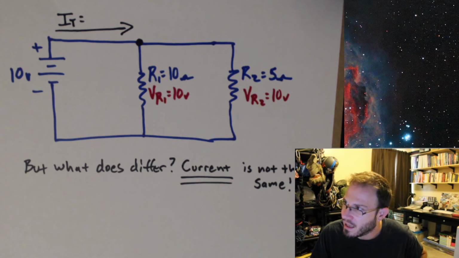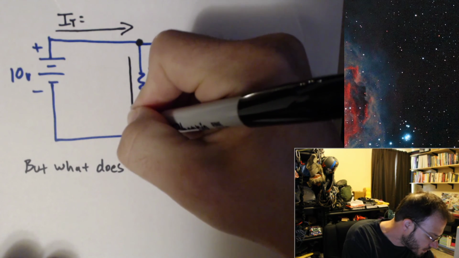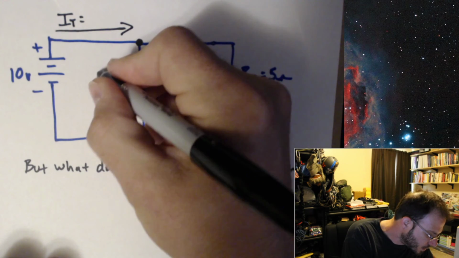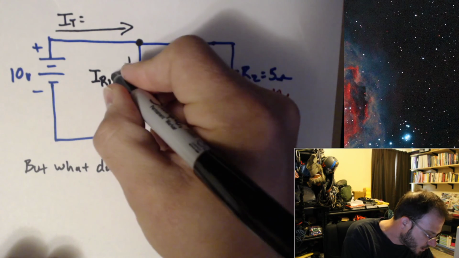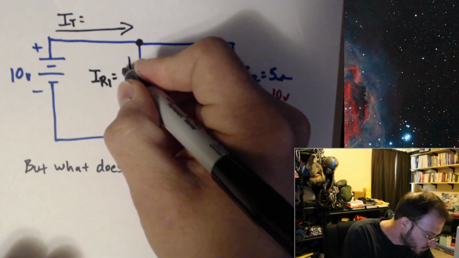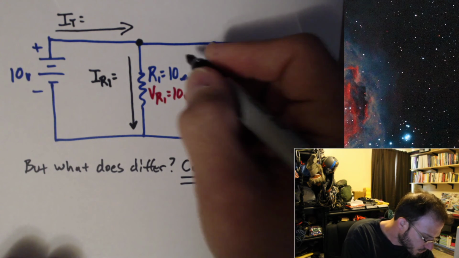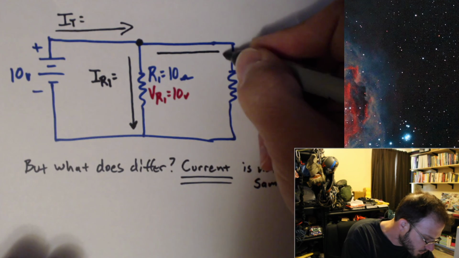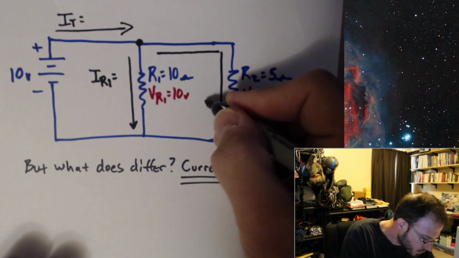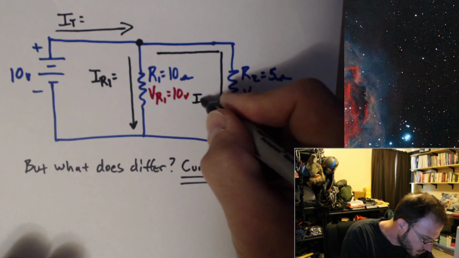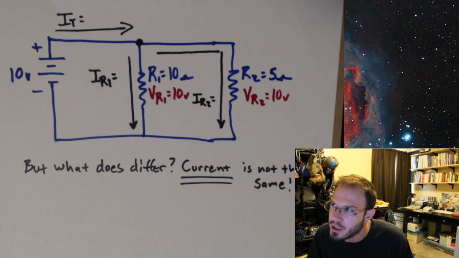Now, I'm going to label these as IR1 and IR2.